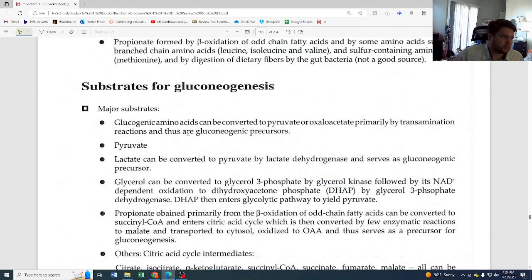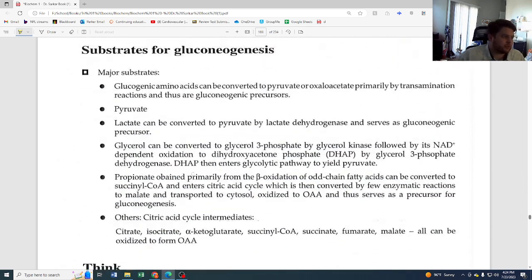So substrates for gluconeogenesis: there are quite a few substrates that we can use. Glucogenic amino acids can be converted to pyruvate or oxaloacetate, primarily by transamination reactions, and thus are gluconeogenic precursors.